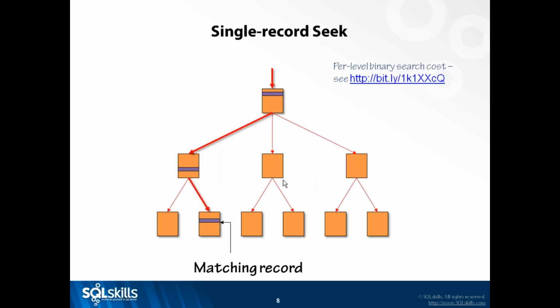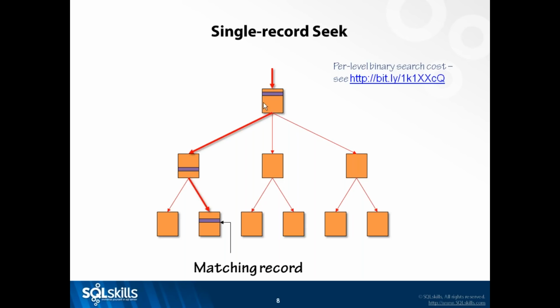So the first use of an index is a single record seek. So you've given a search predicate that's going to match one record. The storage engine has to start, and this kind of nothingness up here is the metadata that has the page ID of the root page of the index, the very top of the triangle that we write as an index.